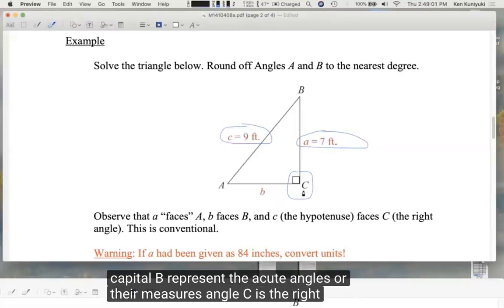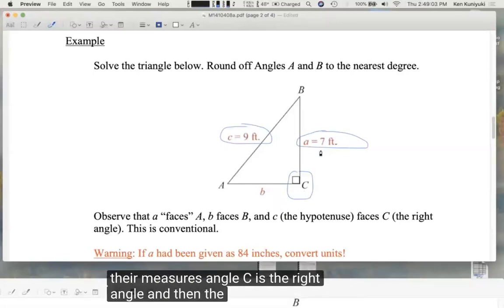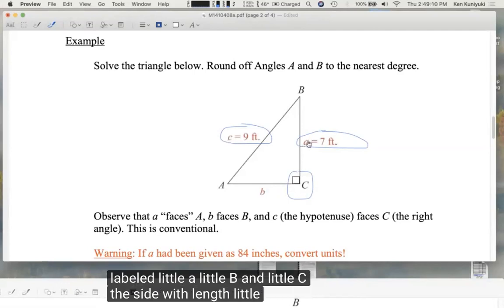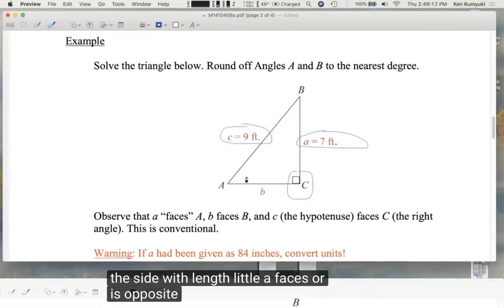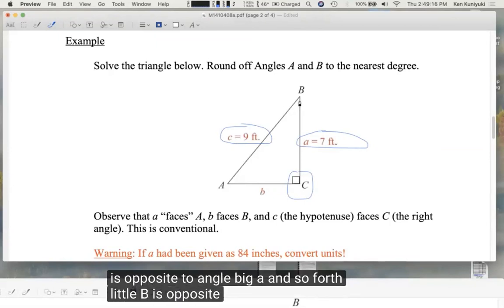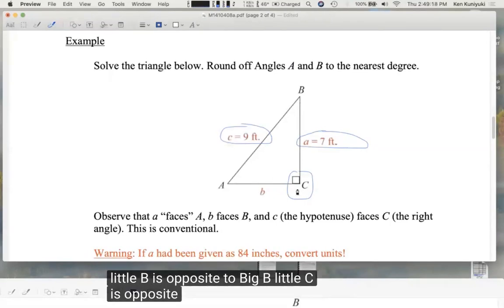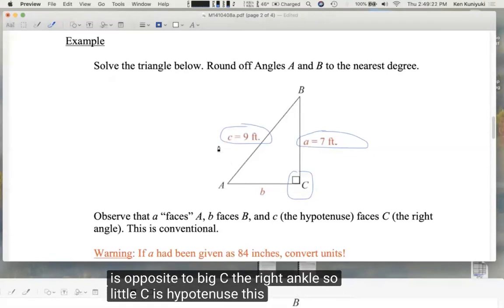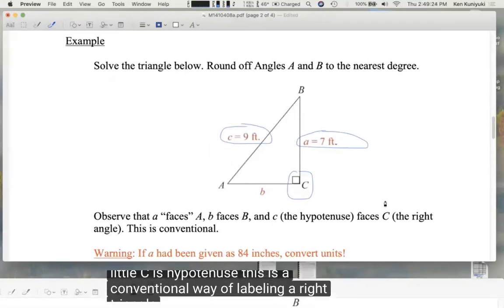Angle C is the right angle. And then the side lengths are labeled little a, little b, and little c. The side with length little a faces or is opposite to angle big A, and so forth. Little b is opposite to big B, little c is opposite to big C, the right angle. So little c is the hypotenuse. This is a conventional way of labeling a right triangle.